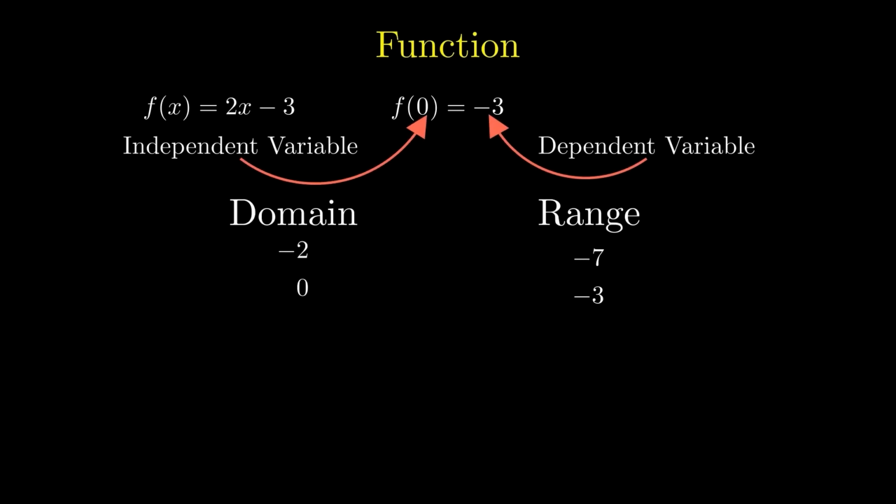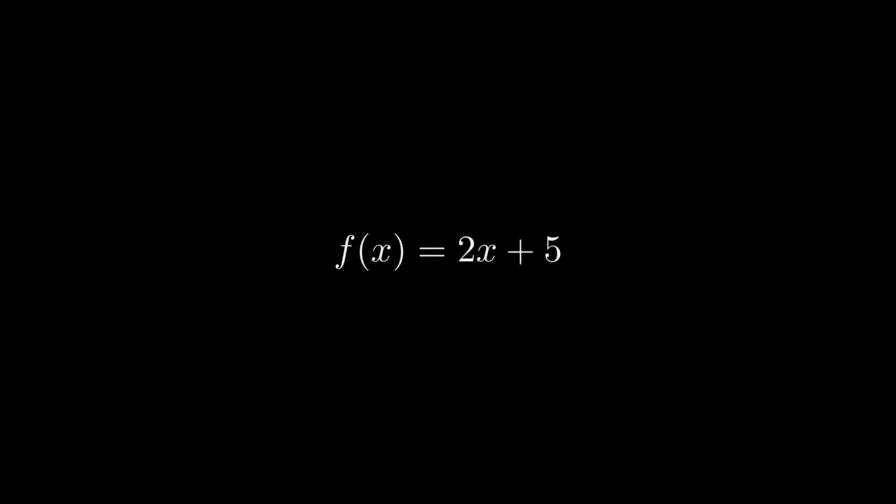A function is often denoted by the letter f, and the input by the letter x. The application of the function f to the input x is written as f of x, and it is equal to the output of the function for that input. The output is often denoted by y. The equation y equals f of x is read as y is a function of x.